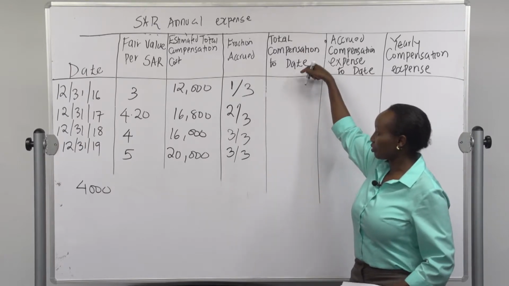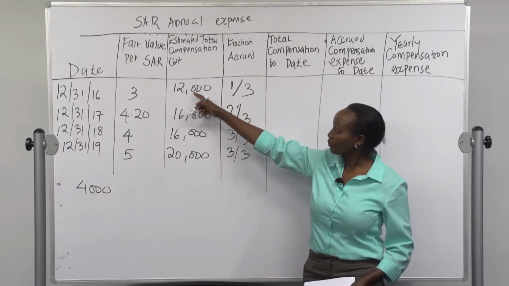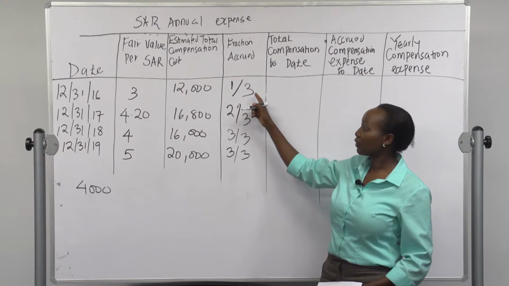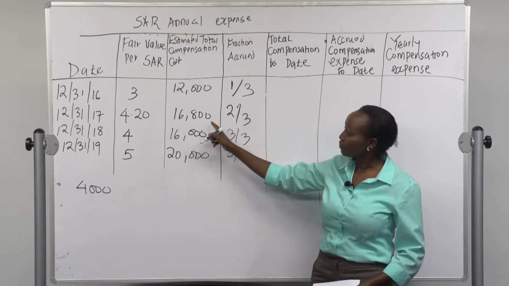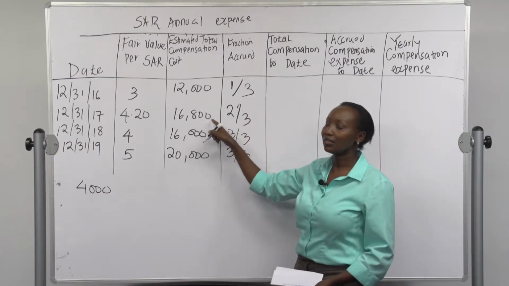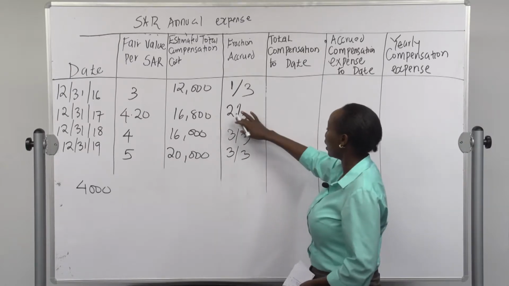To get the total compensation to date, we're going to take 12,000 multiplied by a third for 2016. For 2017, we'll do 16,800 multiplied by 2 over 3.